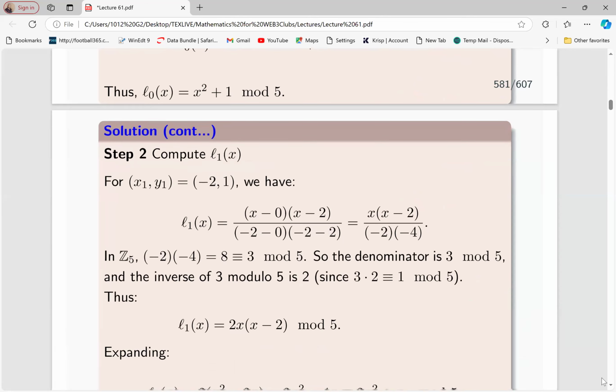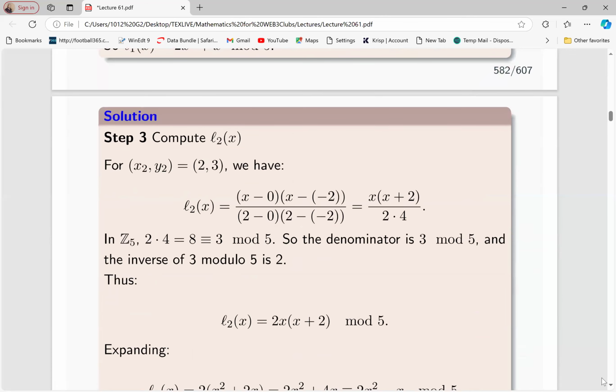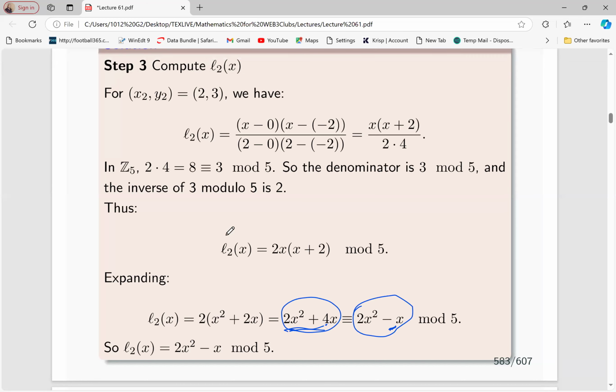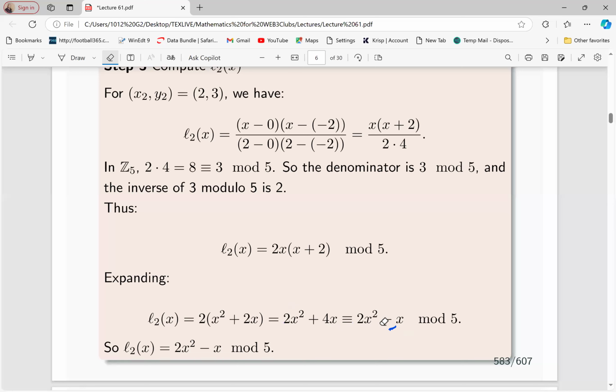So L2 of x, okay, it's the same thing. This is what I got, only that at this point I decided to divide this by 3 by 4 and wrote it that way. It's not necessary, because whichever we work with, at the end of our working we'll have to reduce to mod 5.